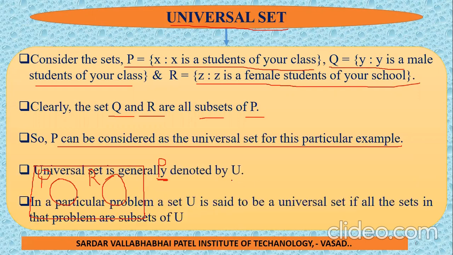The universal set is denoted by U. So obviously U is the symbol of the universal set, and in a particular problem, U is said to be a universal set if all the sets in that problem are subsets of U. In different situations, the universal set is different.